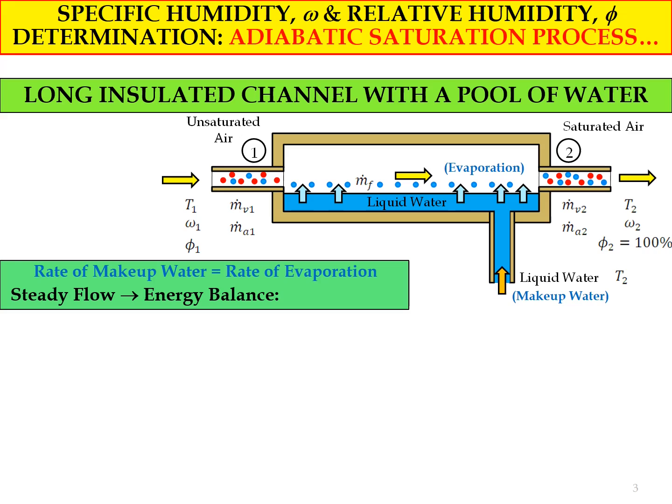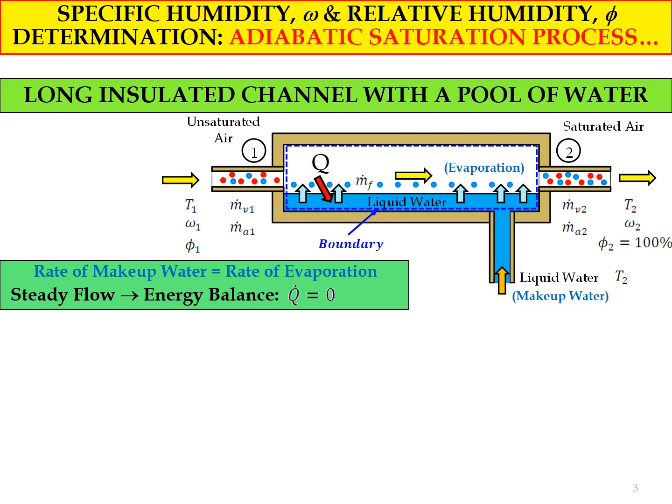For this process, we can consider the device as a steady flow device. If we implement the energy balance equation, Q dot during the evaporation will be 0 because the heat transfer occurs within the boundary. That's why Q dot equals 0, and there will be no work in and also no work out during this adiabatic saturation process.